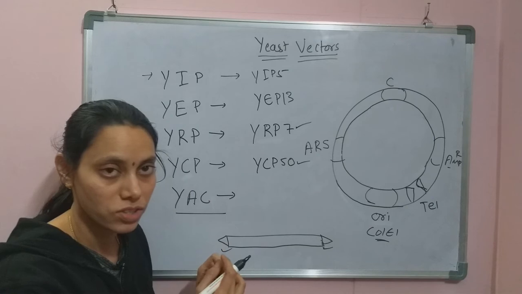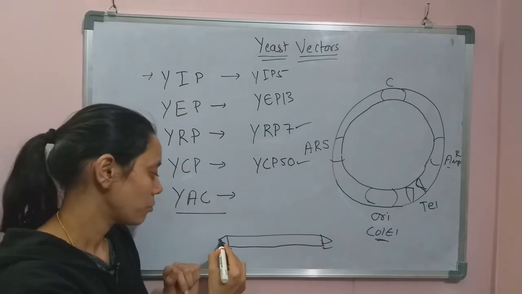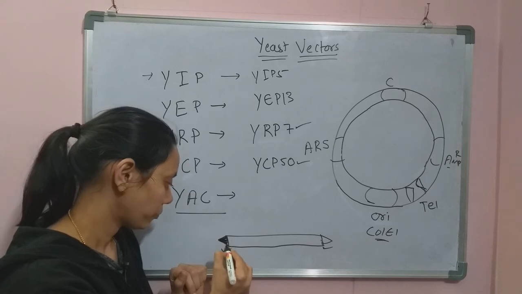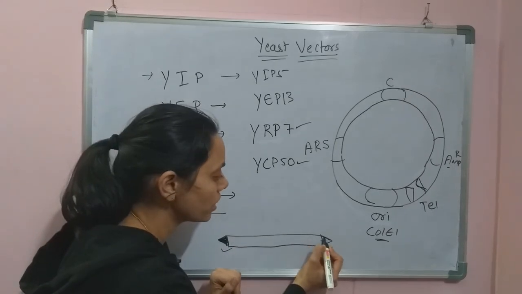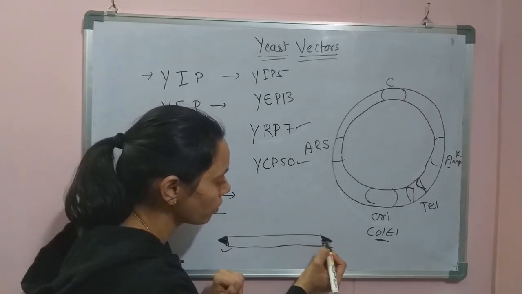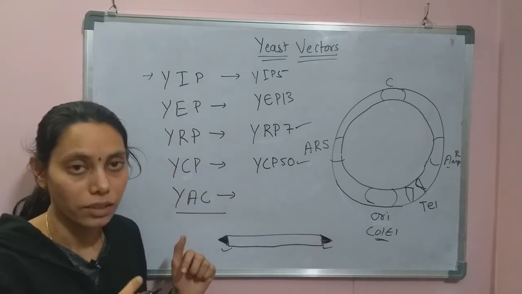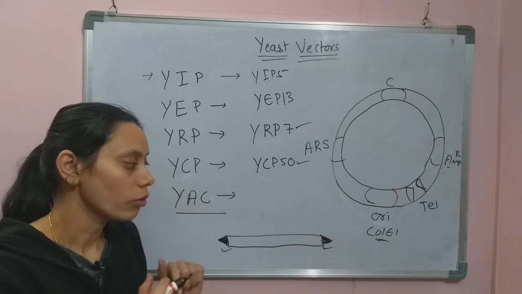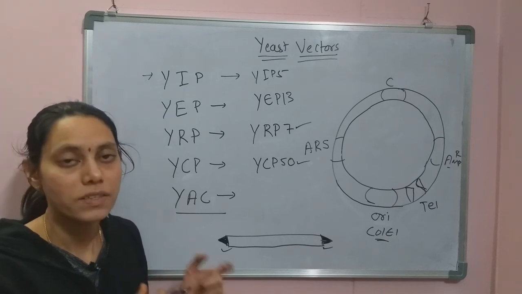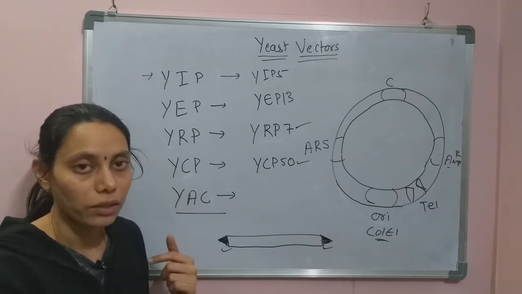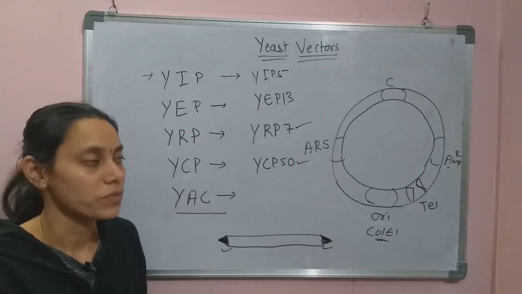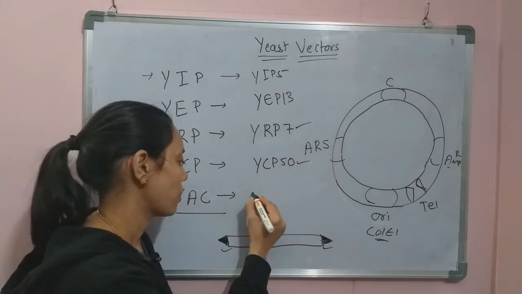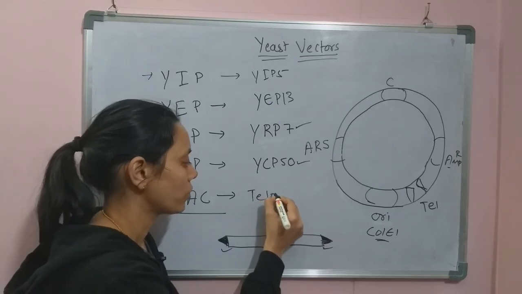These telomeric regions give stable ends which cannot be easily degraded, they protect the linear form of the DNA, and they allow the DNA to be stably maintained inside the eukaryotic system.